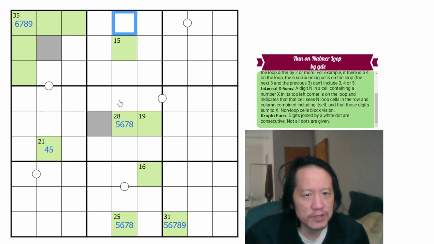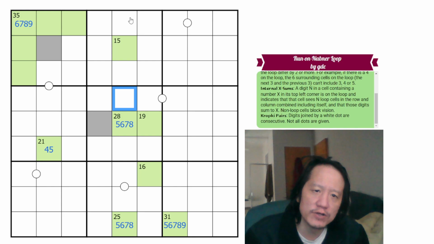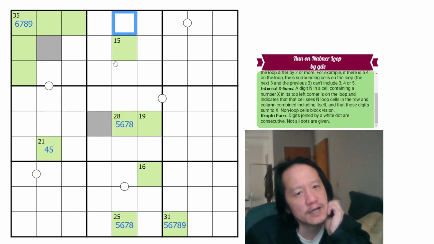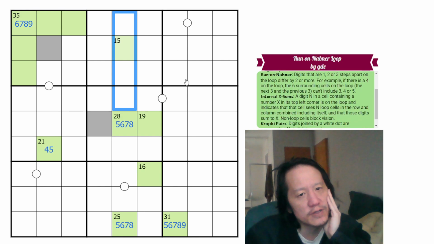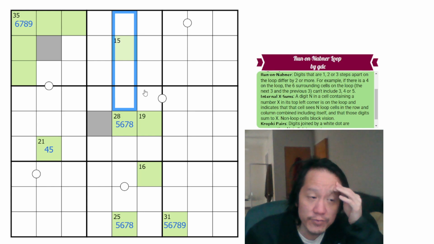And you could have 1 and 2 on the outsides, right? But that means you can't have 3 in between them. Oh, wait, no, you can't have 1 and 2 on the outside. If you tried to have 1 and 2 on the outside, the problem is they would be 3 away from each other, and they can't be continuous. So it would also have to be 1, 3, 5, and 7.